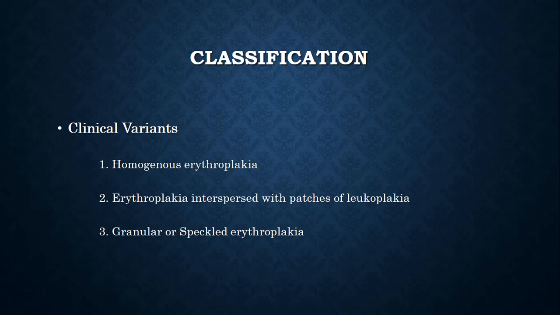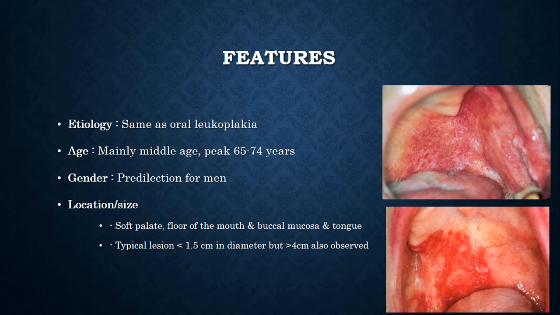Its clinical variants include homogeneous erythroplakia, erythroplakia interspersed with patches of leukoplakia, and granular or speckled erythroplakia. Its etiology is the same as for oral leukoplakia. It involves mainly middle age, and the peak incidence is between 65 and 75 years of age.